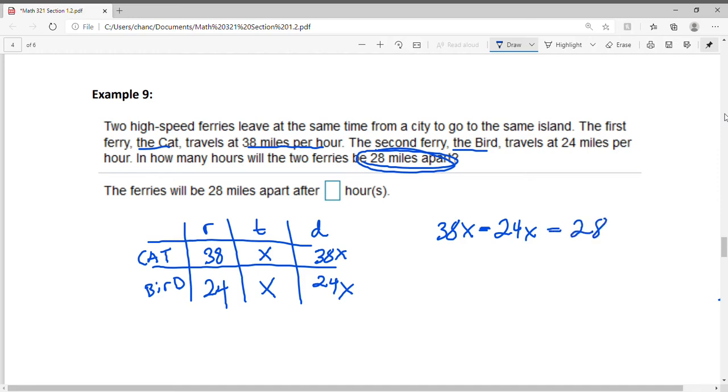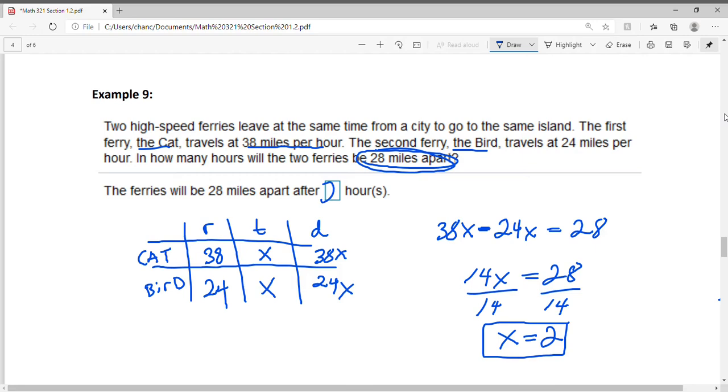So I took their distance and subtracted, and I want to know when it's equal to 28. 38 minus 24, it's 14x, and that's equal to 28. Let's divide both sides by 14. I have x equals 2. So I know it's going to take 2 hours for these two ferries to be 28 miles apart.